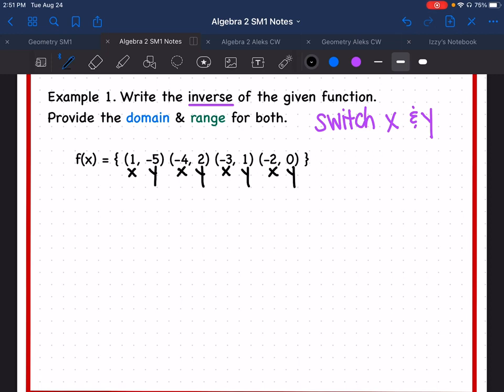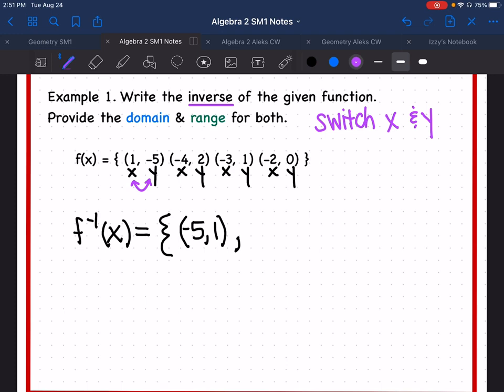When I go to do f of -1 of x, the inverse of it, I'm going to start with the squiggle. And I'm going to take each one of my ordered pairs and simply switch x and y. So my first ordered pair would simply become -5, comma 1.